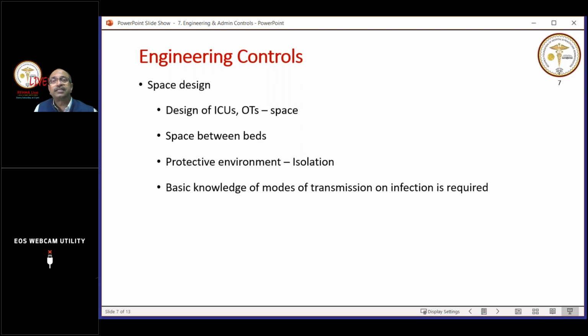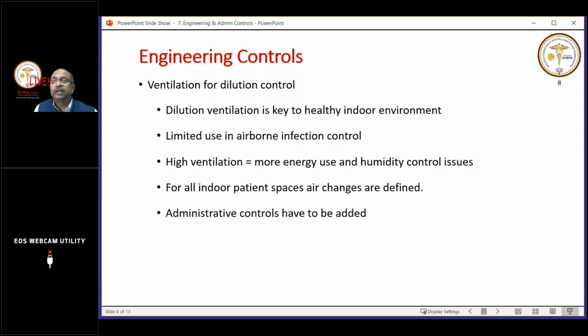So, for example, if it is an aerosol or an airborne or a droplet kind of infection, which will be spread through the particles suspended in air or in a similar manner, then we need to have the isolation rooms, which is the negative pressure isolation room, where the protection can be provided.